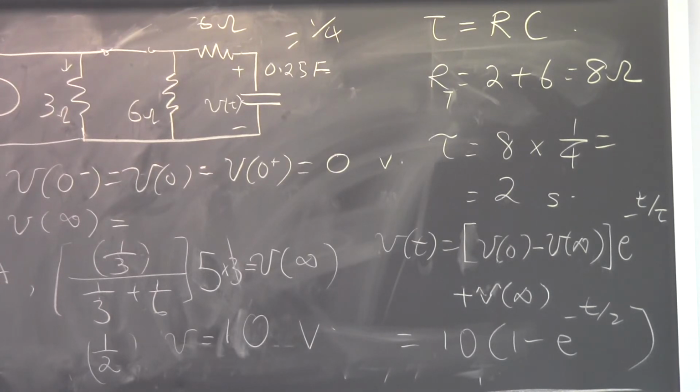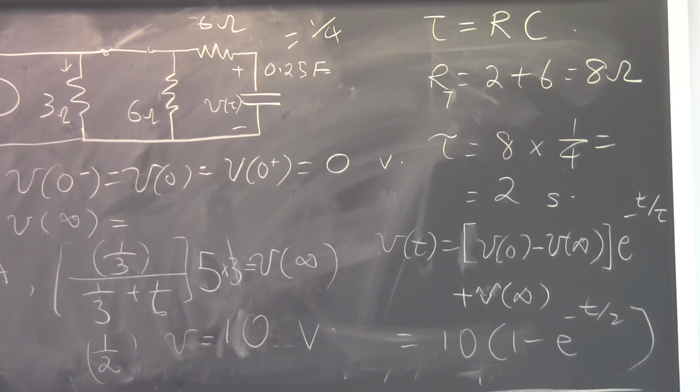This current should be Vs over 2, this is 2, and then this is an inductor. 2 and 2 in parallel gives you 1. So the equivalent one would be a voltage source with a 1 ohm resistor and an inductor. Sorry, this is an inductor. So this is 1 ohm, and this inductor is 0.1 Henry.